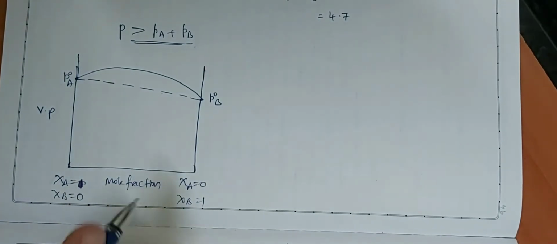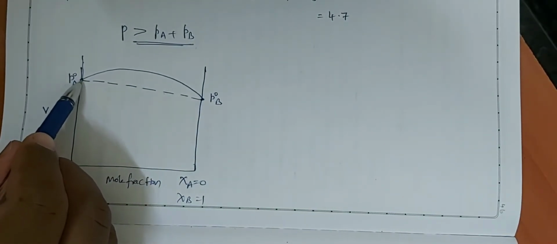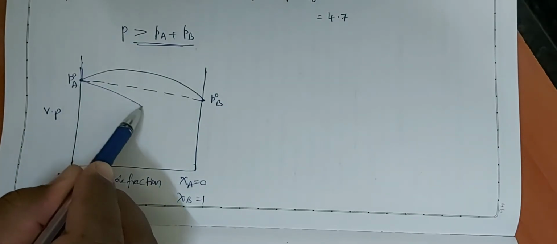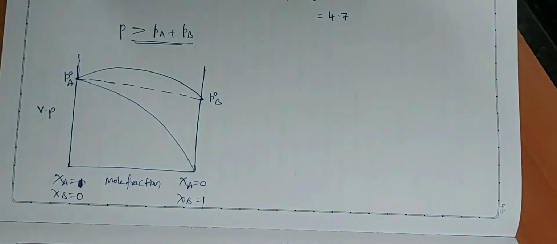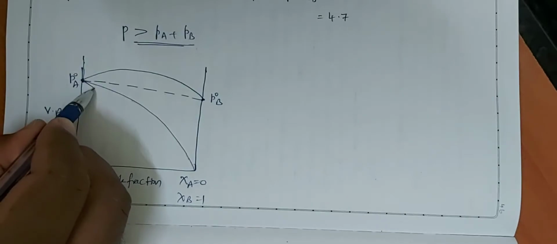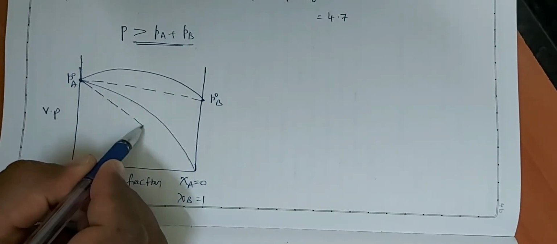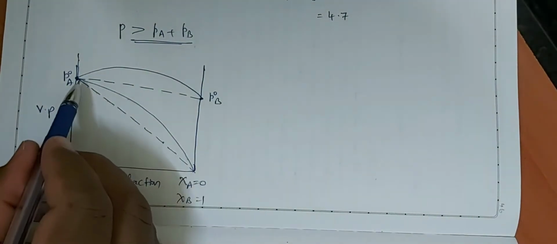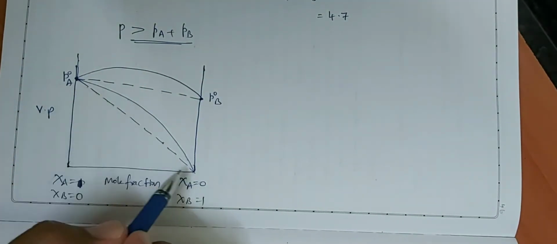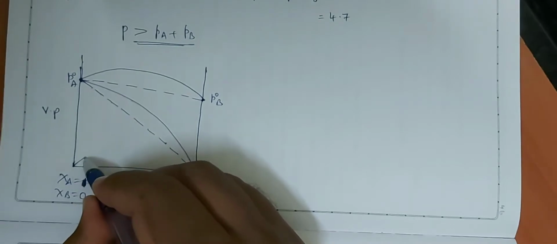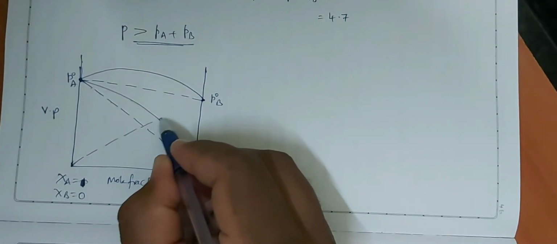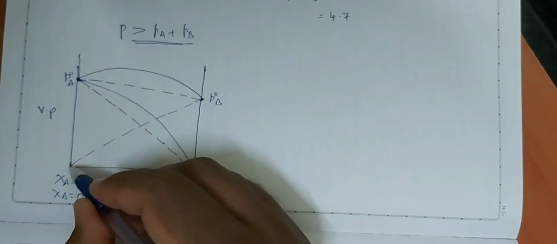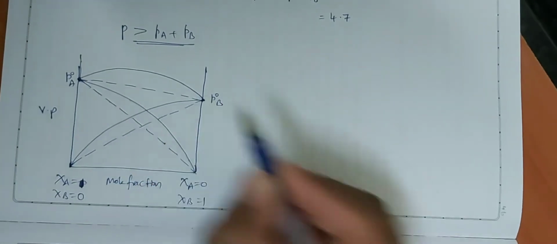In the same way, if you take individual one, it should be dotted line if it follows Raoult's law, but it is showing above value, positive deviation. Same way, dotted line if it is following Raoult's law, but this one also will show above.